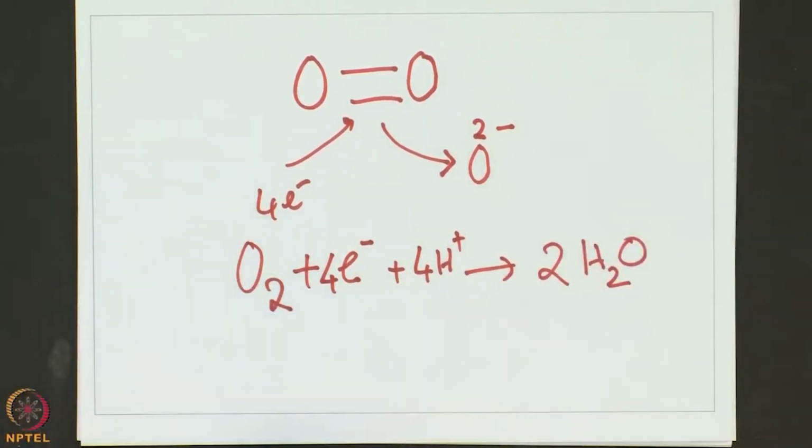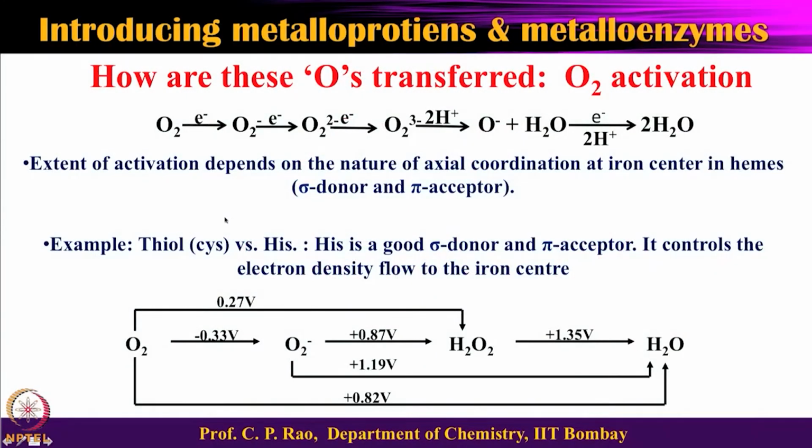As you can see, 4 electrons have to be added. You cannot add all the 4 electrons at one time. You have to add 1 electron, add 1 more electron, add 1 more electron, add 2 protons.